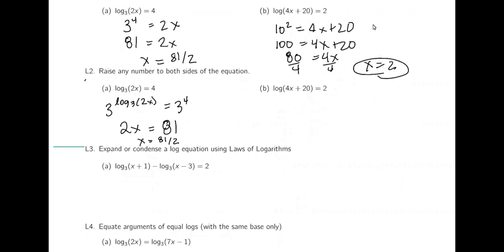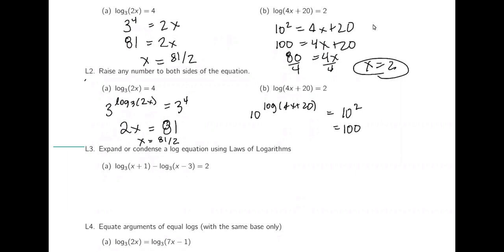If we look at this other example with our log, I want to put the two sides of my equation as exponents on the number 10, because that's the base of my log here. So I'm going to say that 10 to the log of 4x plus 20 is equal to 10 to the 2. We'll get 100 on my right-hand side.